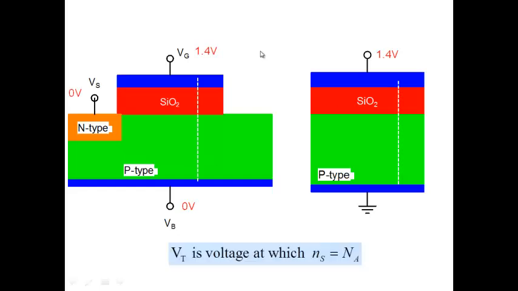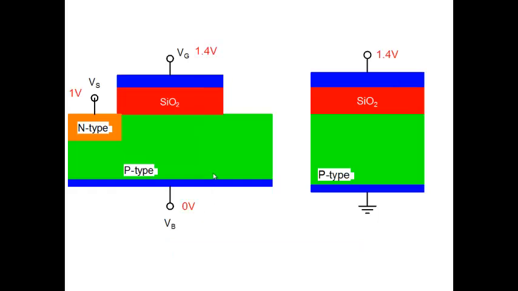If you all said that when I go from 1.4 to 0 I achieve threshold, then let me ask this question here. This is still 0. This is still 1.4. But this I've made 1 volt. Will I have threshold? Going from here to here is the same as going from here to here.